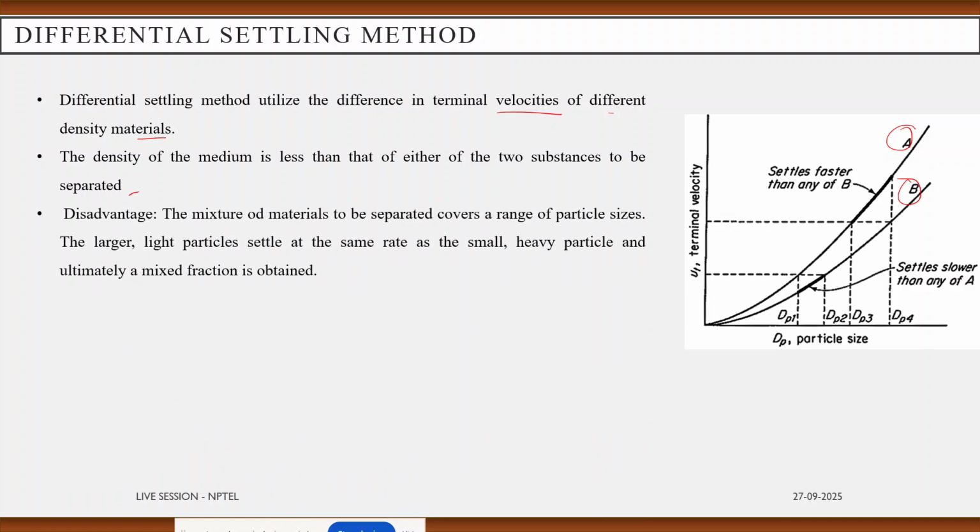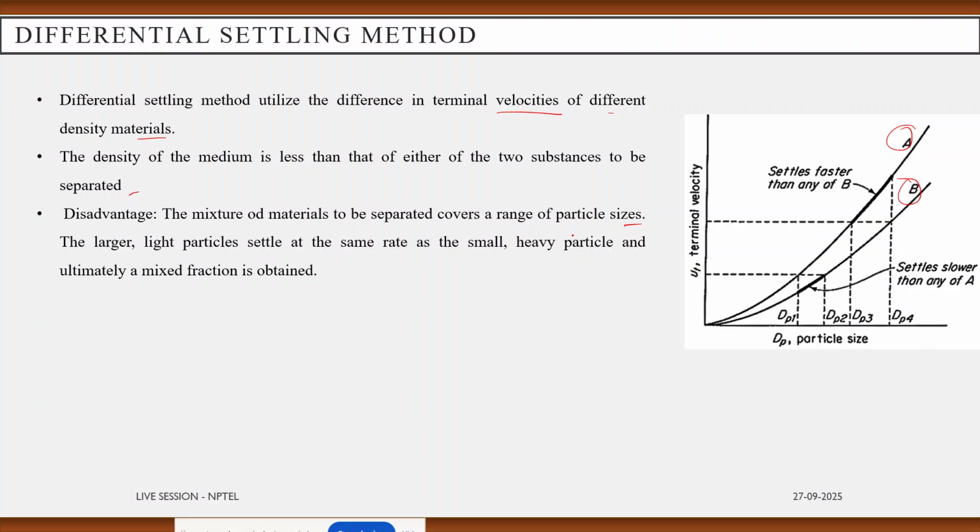Now, when we operate this kind of thing, we see a certain problem: the mixture of materials to be separated generally covers a range of particle sizes.